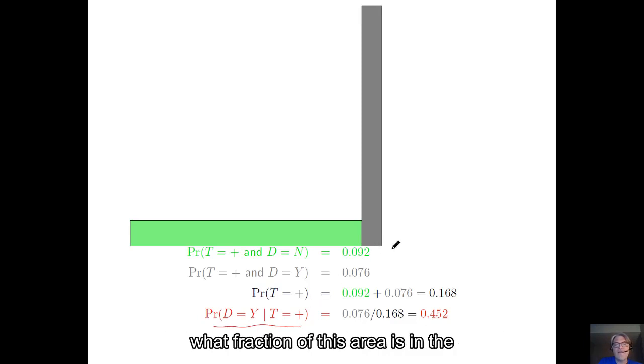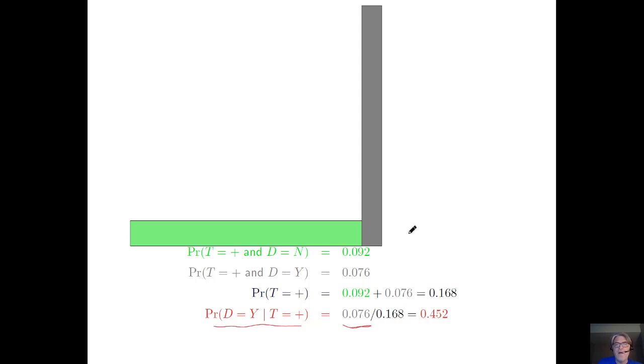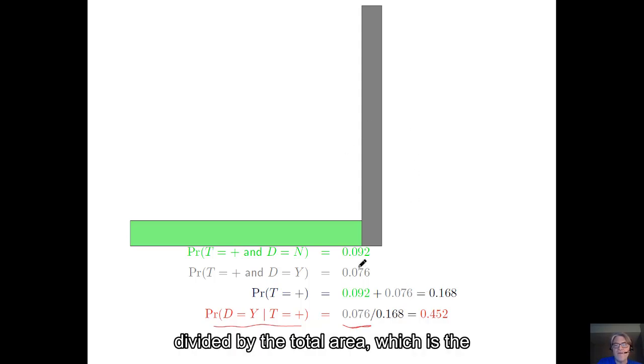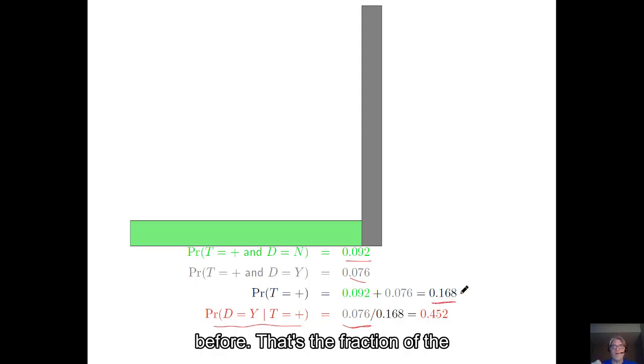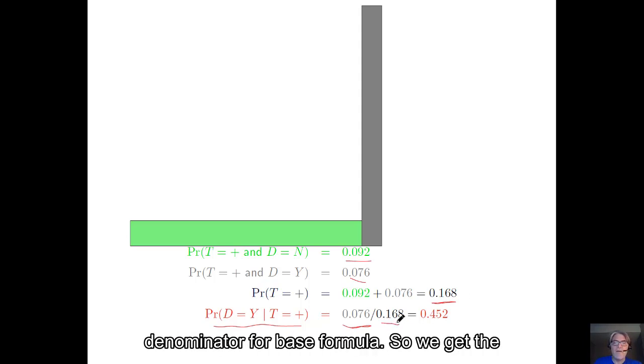So what fraction of this area is in the gray box, 0.076, divided by the total area, which is the sum of 0.092 and 0.076. So this is the denominator that we had before. That's the fraction of the original sample space that is testing positive, so almost 17%. That's going to be the denominator for Bayes' formula.